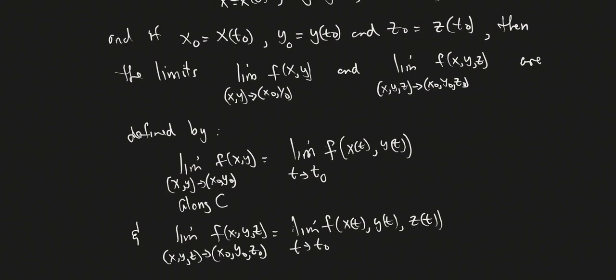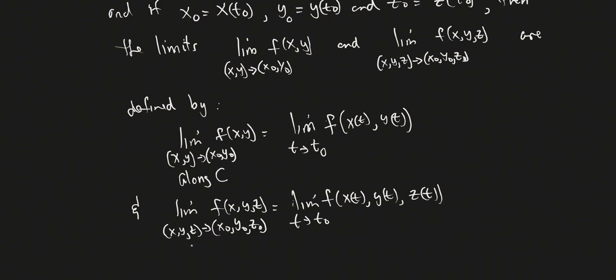Let me specify, this is along one of those paths that I drew in blue earlier. So that's the definition. It certainly looks like a mess, but let's jump right into an example to see how this plays out.